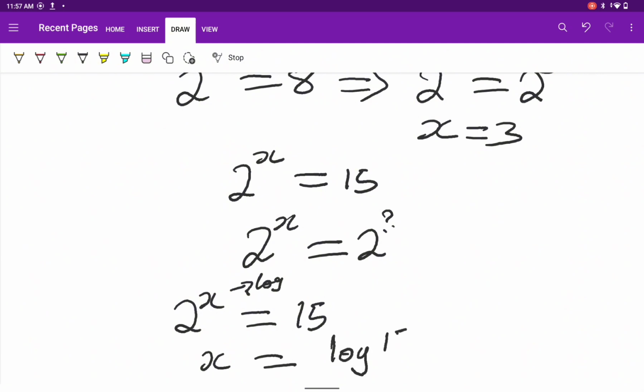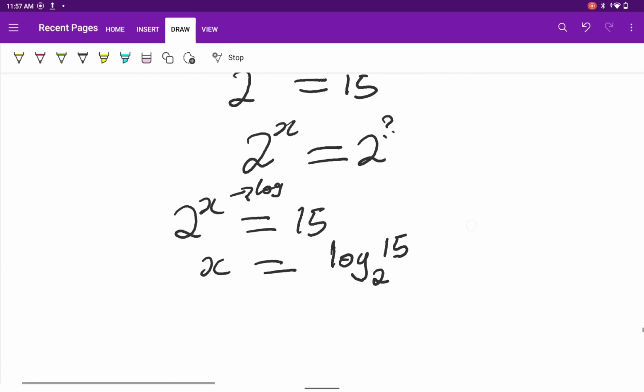The number is 15 and the base is 2, so we can get that from our calculators and get the answer there. So what I'm trying to say is that this log has made it easier for us to solve such equations. That is why I'm saying the exponent is a log.